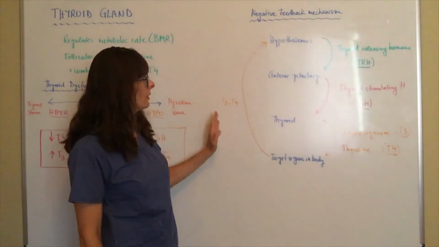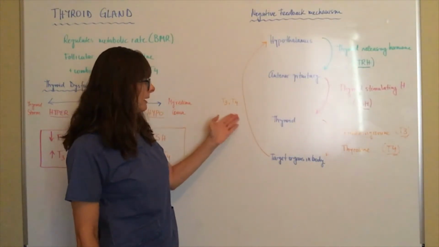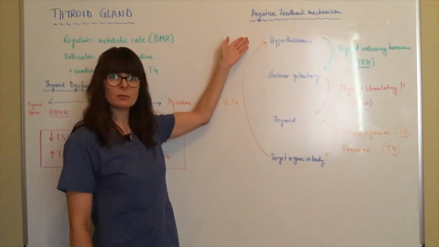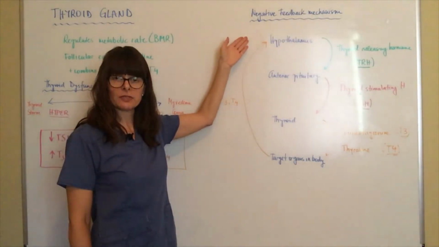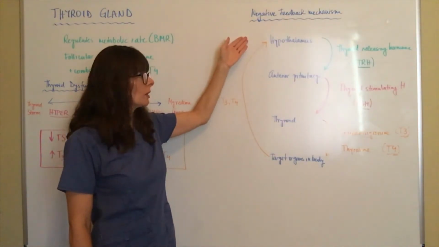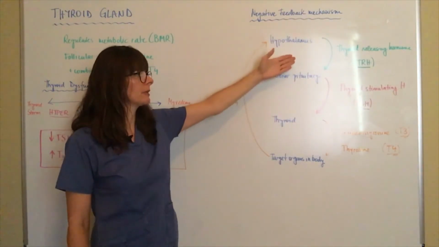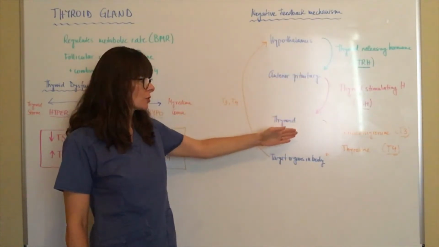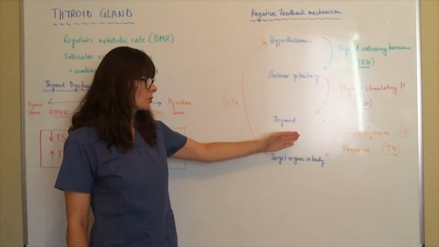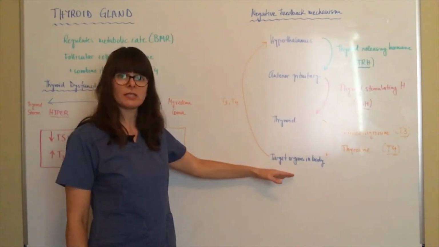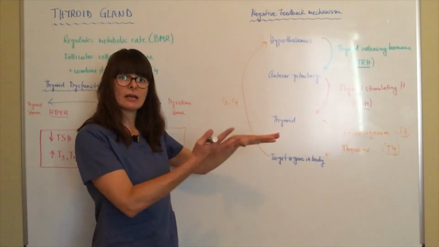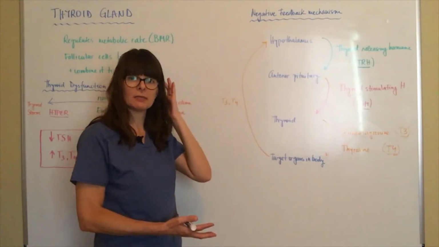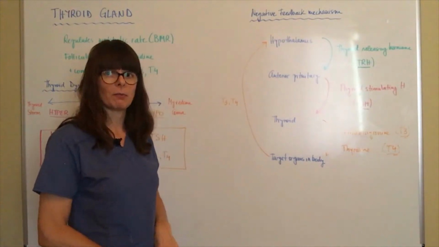Depending on the levels, the hypothalamus will say, okay, now we have enough T3 and T4 available in the system to go back to normal, or I need to release more TRH to get TSH to stimulate the thyroid to produce more or less of the T3 and T4. So it's a very nice feedback mechanism depending on the demands of the body at a time.